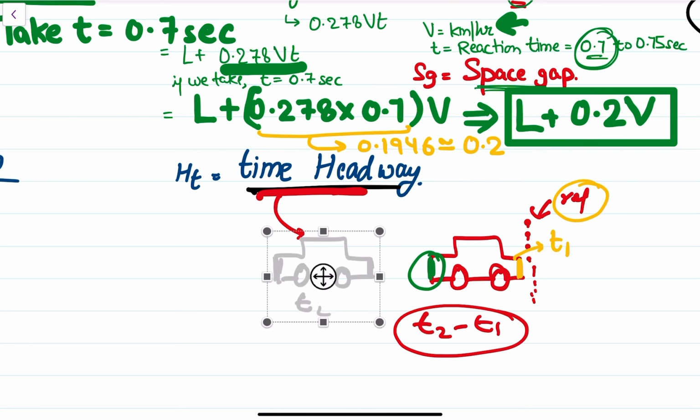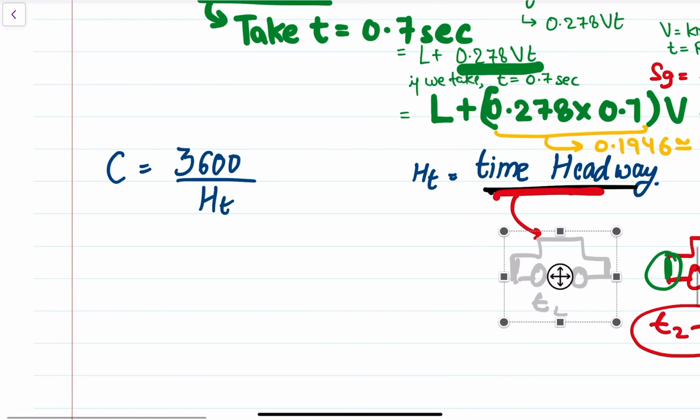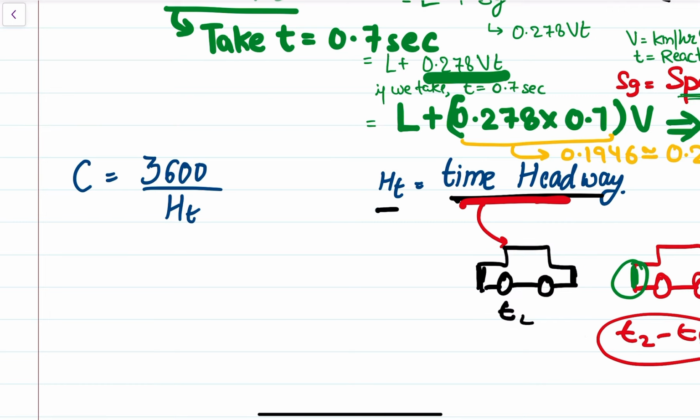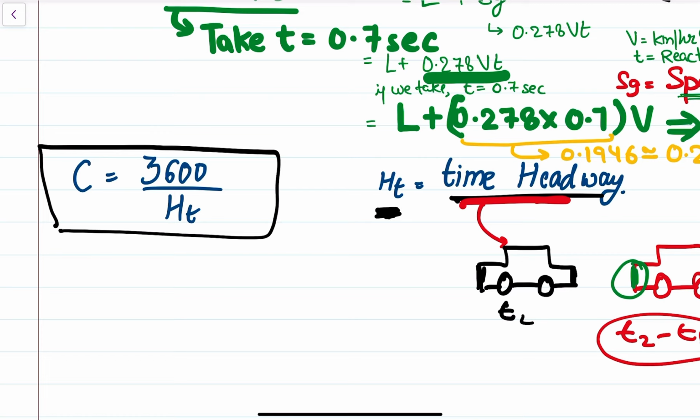So time headway is the time required for successive vehicles to cross the reference point. If ht is the time headway, then C is equal to 3600 by ht, where ht is in seconds.